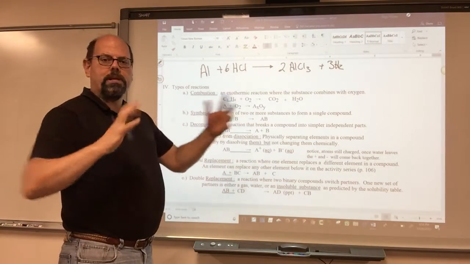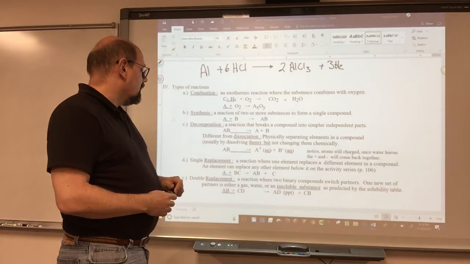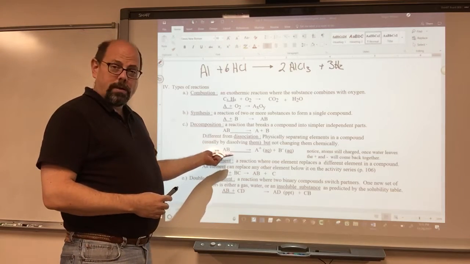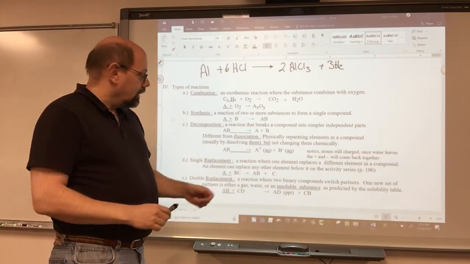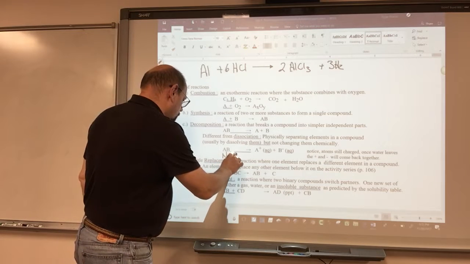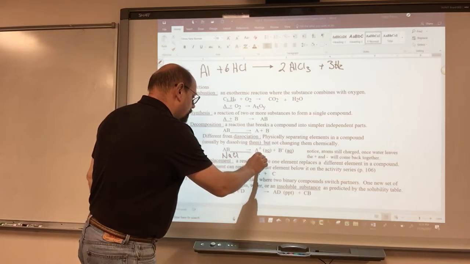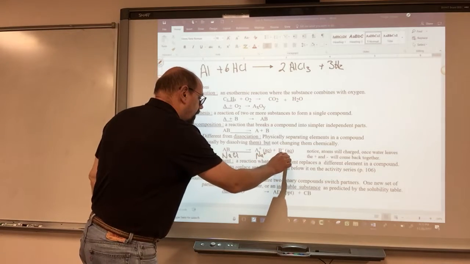Decomposition was one thing breaks apart into 2, 3, or 4 things. It may break into more than just that. We'll have to make a quick mention of when you throw something into solution, like salt into water. A lot of times this would be an example of NaCl. When it goes into water, it disappears because the sodium gets surrounded by water and the chlorine gets surrounded by water.